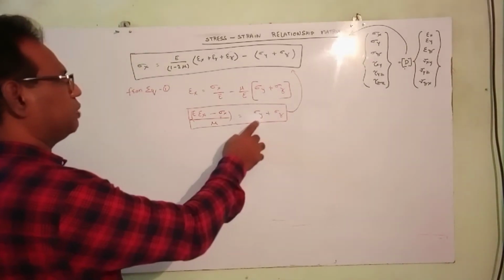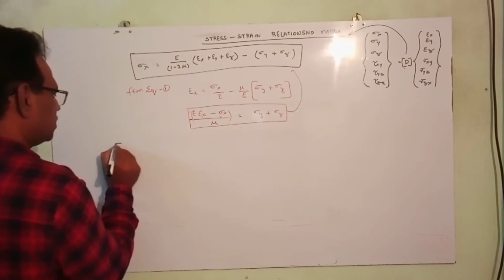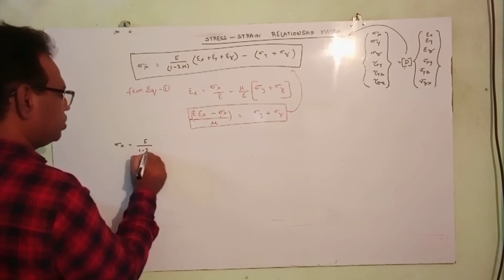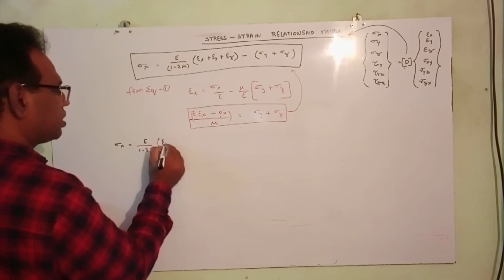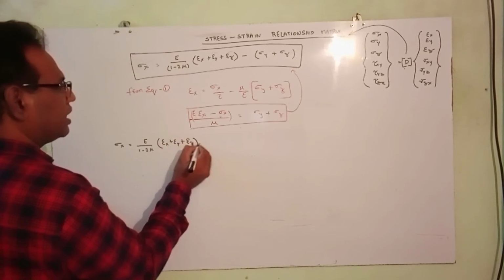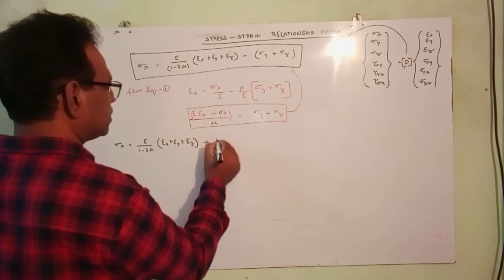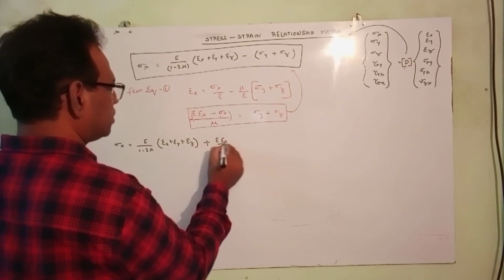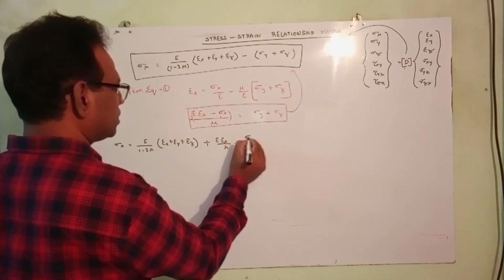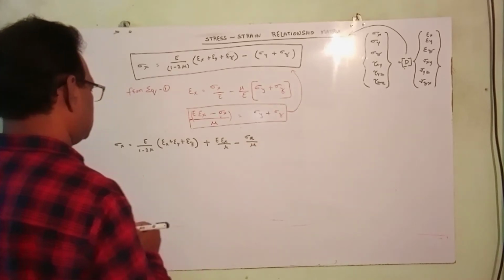Now I am taking this one and substituting here and rewriting the equation, that is sigma x equals E by (1 minus 2 mu) into (epsilon x plus epsilon y plus epsilon z) minus this one, plus Young's modulus into epsilon x by mu, minus sigma x by mu you will get.